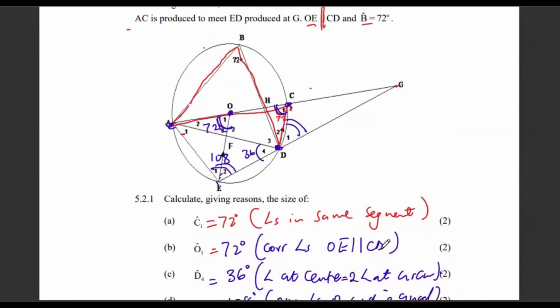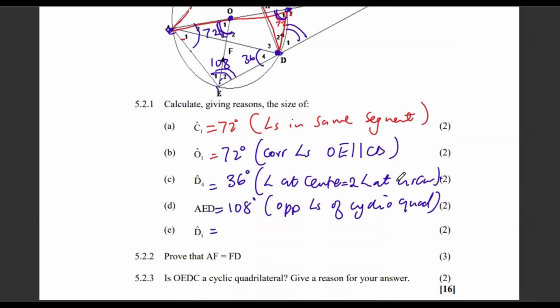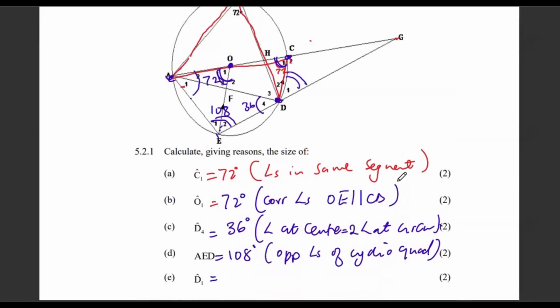We know that this D1 is going to be the opposite, no, the exterior angle of the cyclic quad, meaning that it needs to be equal to the entire size of A. It needs to be equal to the whole of A. Okay, so how many marks is that? It's just a 1-mark question. Do we have any parallel sides?